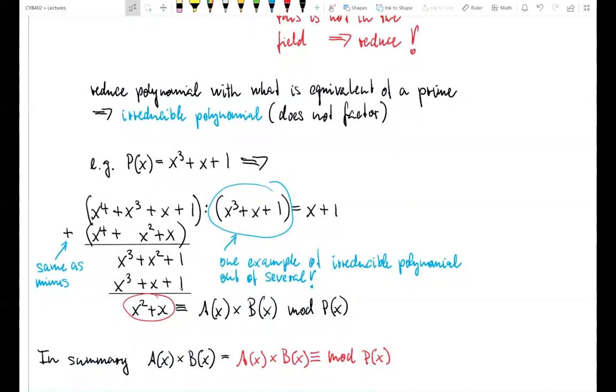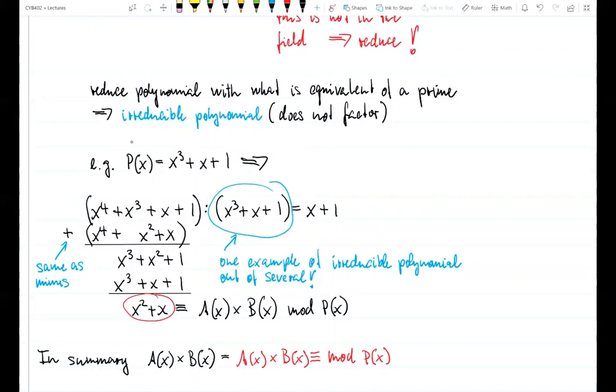Okay, so let's do that example. We now have this result from the multiplication, and I hereby give you one irreducible polynomial out of several possibilities, and you just have to trust me that this one cannot be factored by two other polynomials, okay?